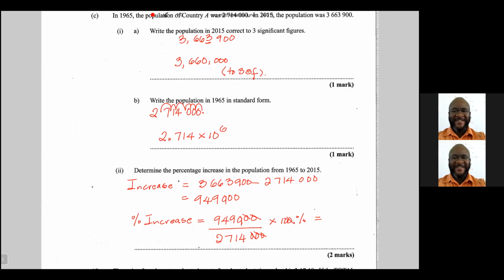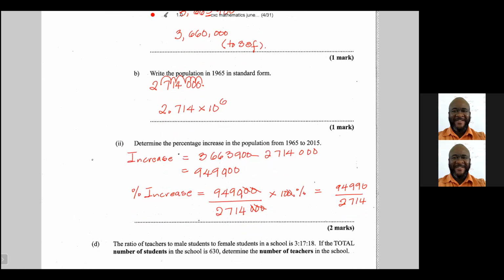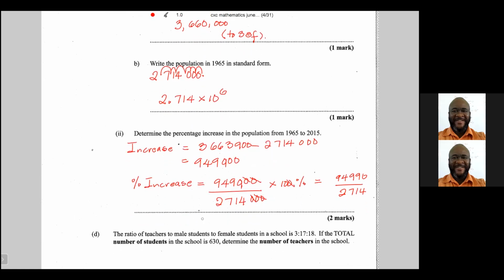So the answer is 94,900 divided by 2,714. This percentage increase is 35%. So there was a 35% increase in the population.